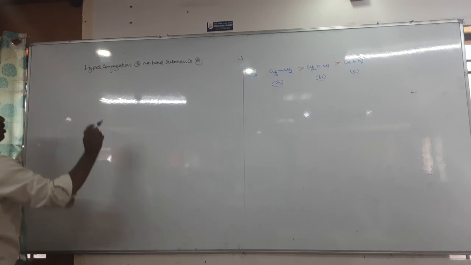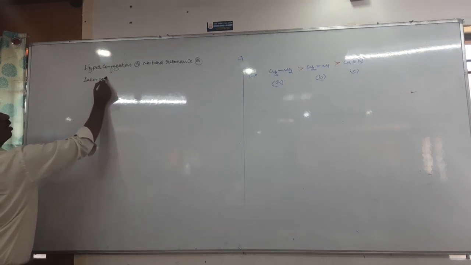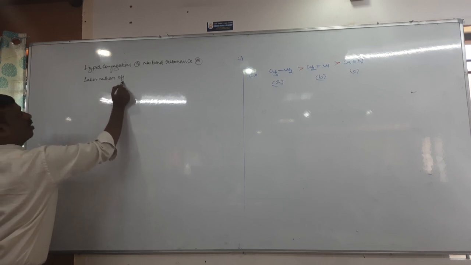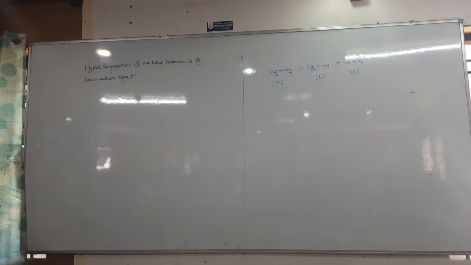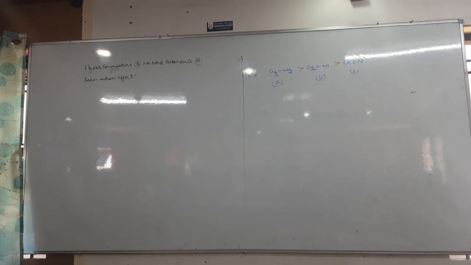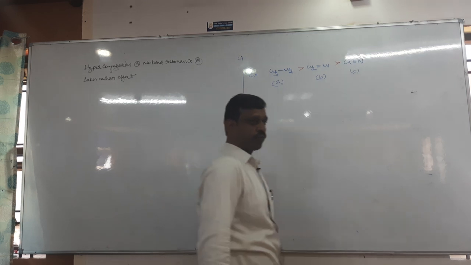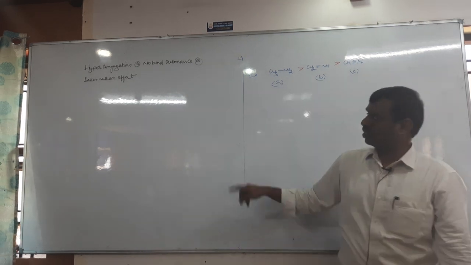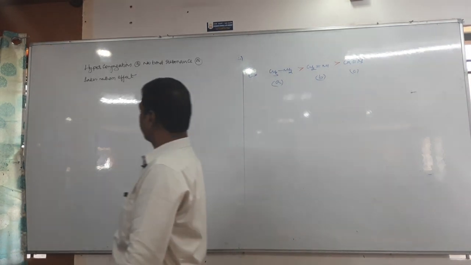It is also called Baker-Nathan effect. Okay, so this is the last electronic effect. What is hyperconjugation, no bond resonance and Baker-Nathan effect?